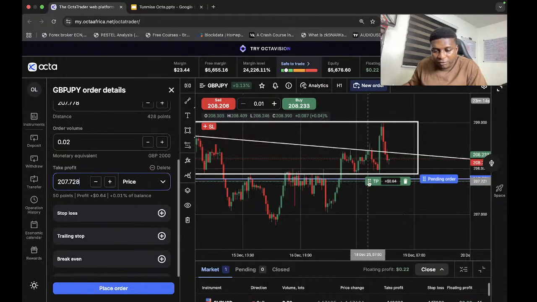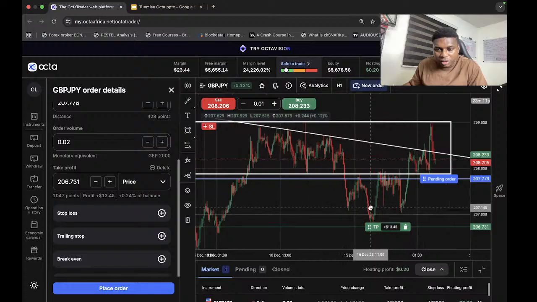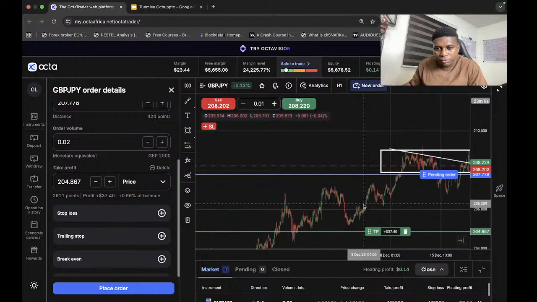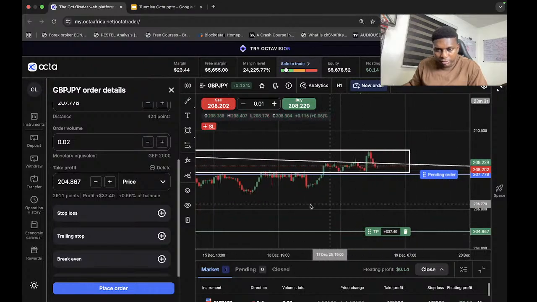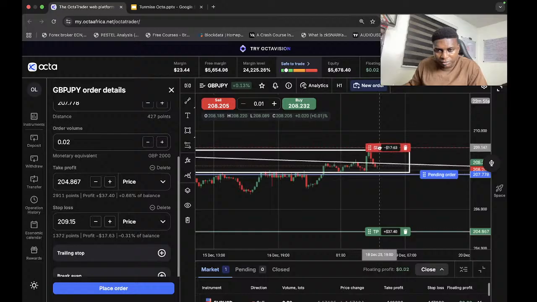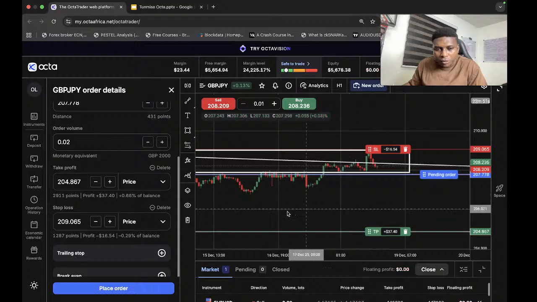My take profit level will be here. Okay, my stop loss level will be here. All right, good. So I'm going to place my order.